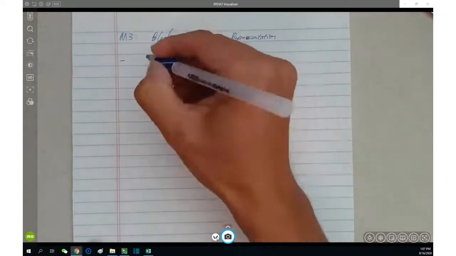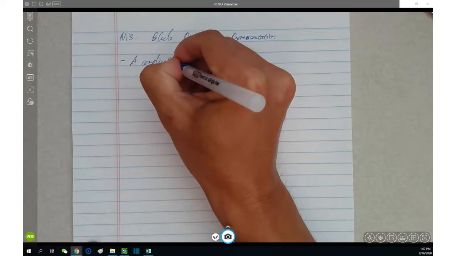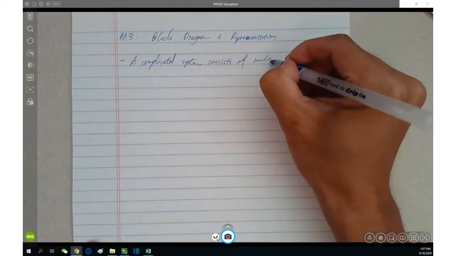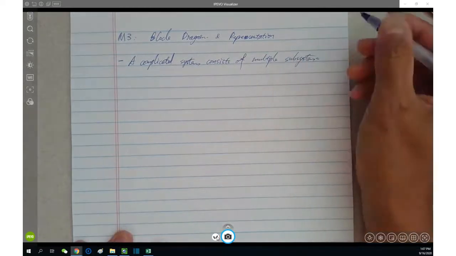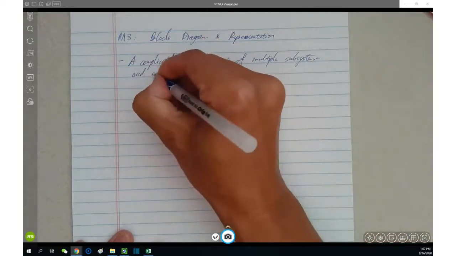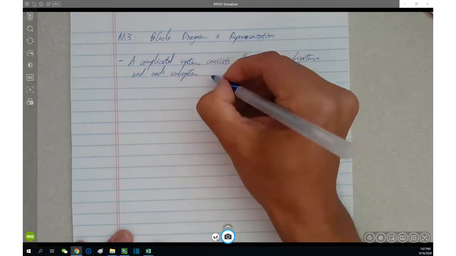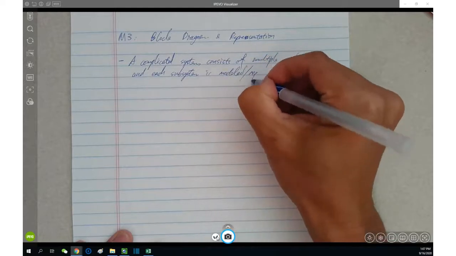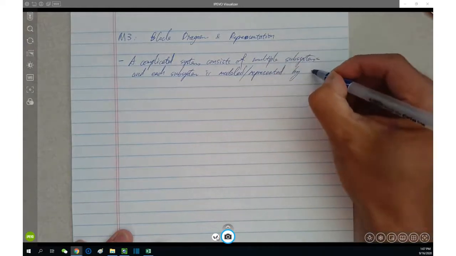A couple of things. First, a complicated system always consists of multiple so-called subsystems, and each subsystem is modeled, or represented, by what? A transfer function.